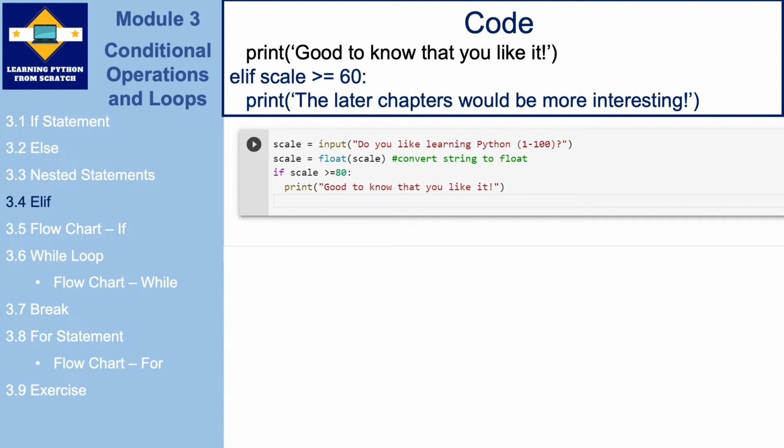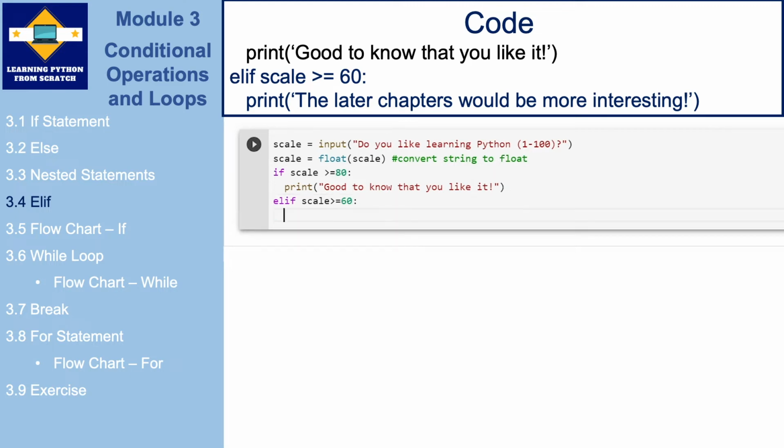Now, we are going to use else if statement instead of else for scale is larger than or equals to 60. So, else if scale greater than or equals to 60. Remember to put a colon here and then press enter.